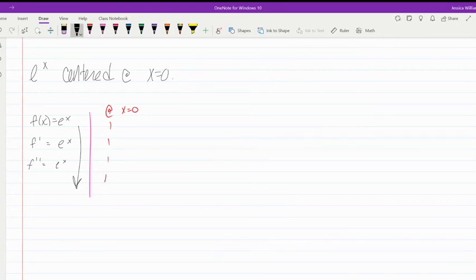So now I build a Taylor series using the formula from above. My first term is just going to be 1 plus 1 times x minus 0 to the 1 over 1, 1 times x minus 0 to the 2 over 2, 1 times x minus 0 to the 3 over 3.